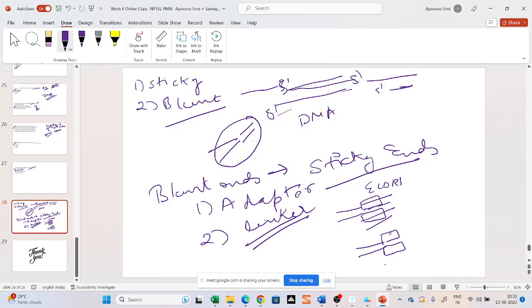So basically, linkers and adapters are the ways of transforming a blunt ended DNA molecule to a sticky ended DNA molecule. Suppose this is your DNA and this is a blunt end. You are adding certain bases at the end, and now when you digest this short stretch of nucleotides, it will produce sticky ends.